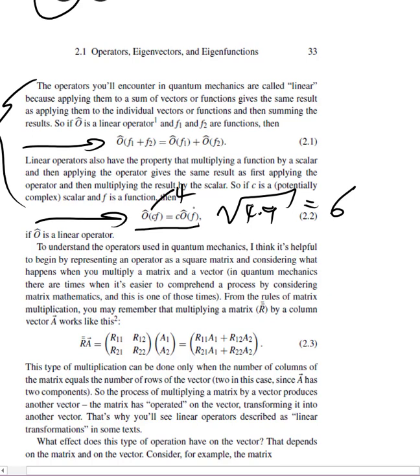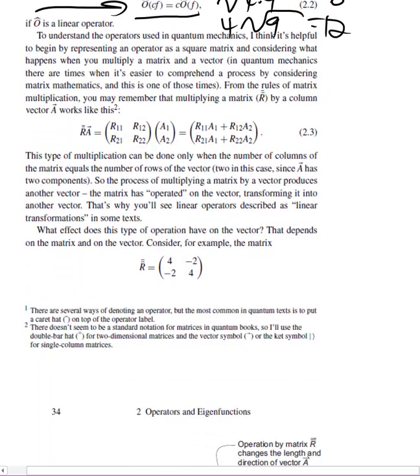But what if I pull the constant out and say, okay, I'm going to take 4 times the square root of 9? Well, you know that 4 times the square root of 9 is 4 times 3. That's 12. So clearly, the square root operator doesn't obey the rules of linearity in terms of multiplying by a scalar as well. Okay, so linearity is fairly straightforward.